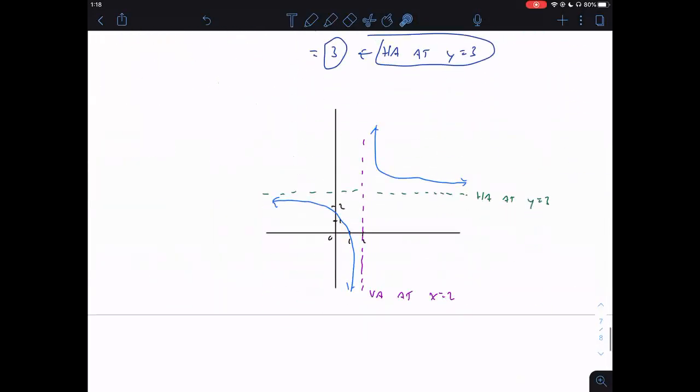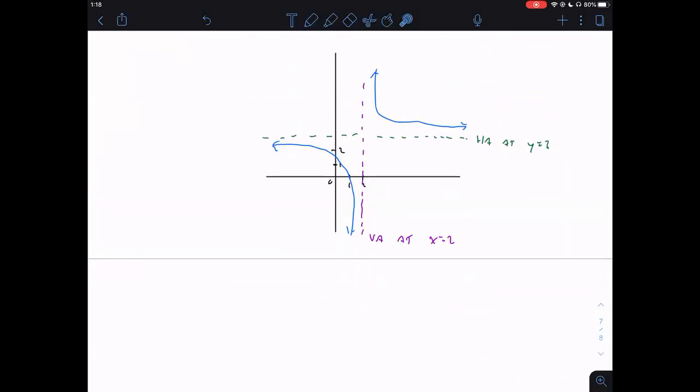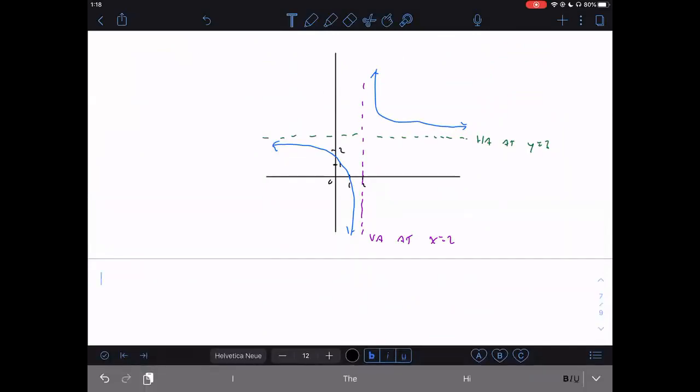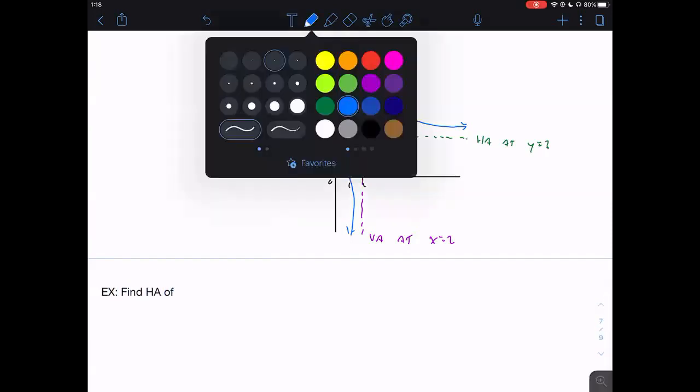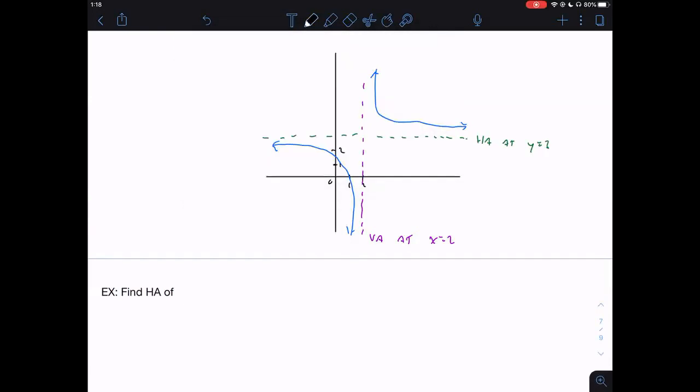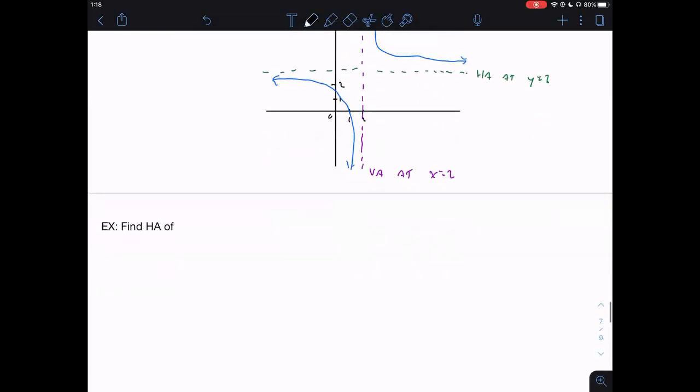All right. So now for this next example, let's find the horizontal asymptote of our function f of x, which we defined as (x squared + x - 6) over (x squared + 4x + 3).